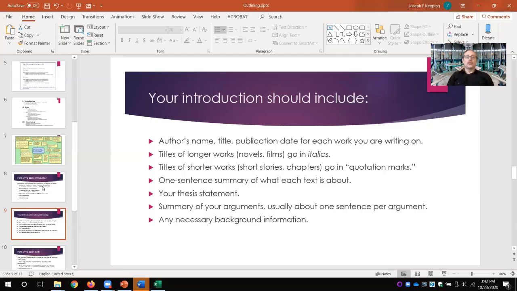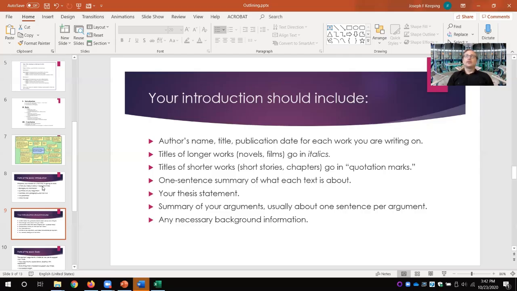So you're going to need to flag your thesis statement in some unambiguous way. The easiest way to do that is to use language like, this essay will attempt to show that, followed by your thesis statement. Or, in this essay, I will attempt to prove that, followed by your thesis statement.